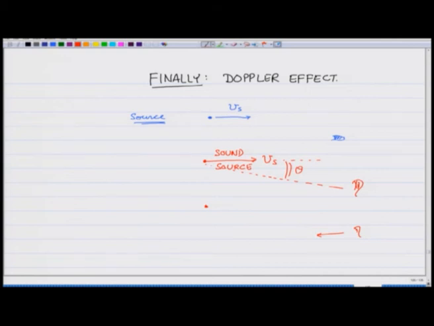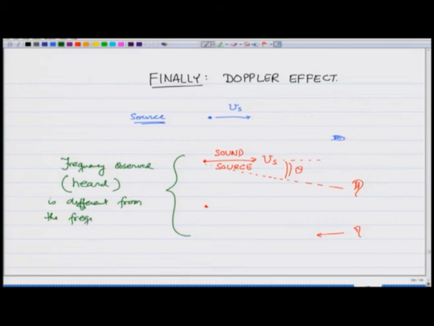In that case, what is seen is that the frequency observed, and in the case of sound, the frequency heard, is different from the frequency emitted by the source, and this is known as the Doppler effect.